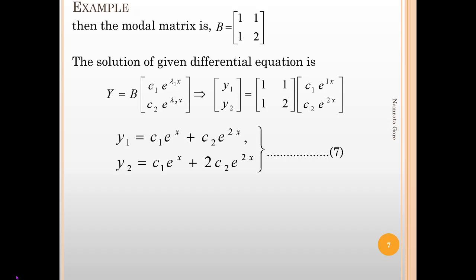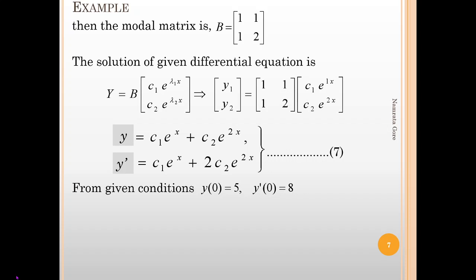Simplifying, we get these two equations. Now what is our y1? y1 is our y, and what is our y2? y2 is y dash. Now since the conditions are given, we can easily evaluate here c1 and c2. Now the condition is y of 0 equal to 5 and y dash of 0 equal to 8.